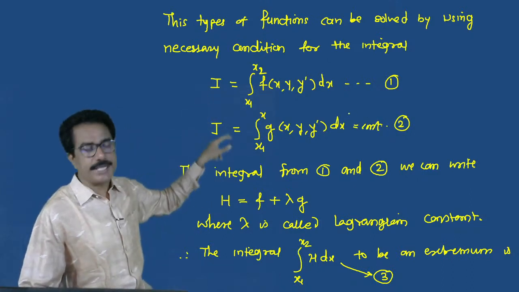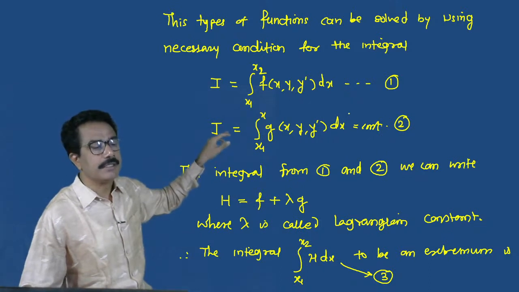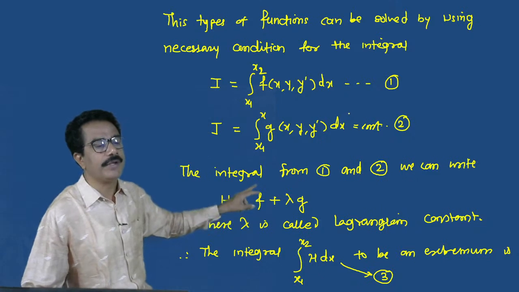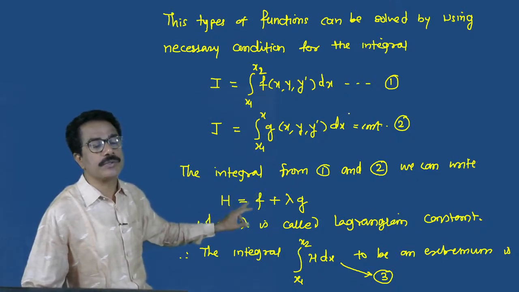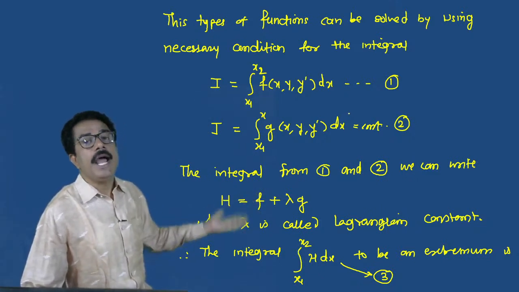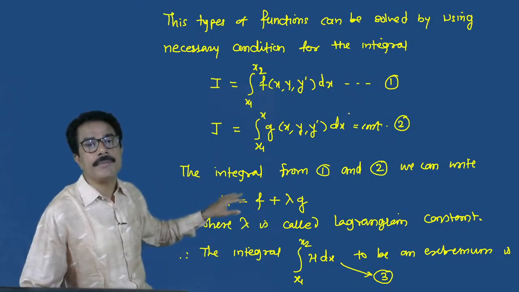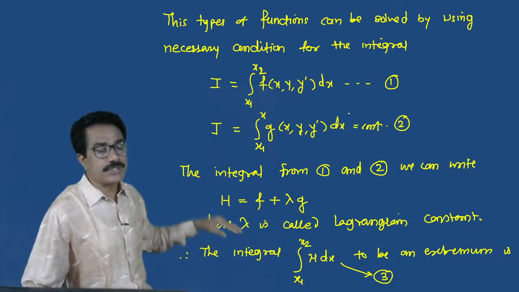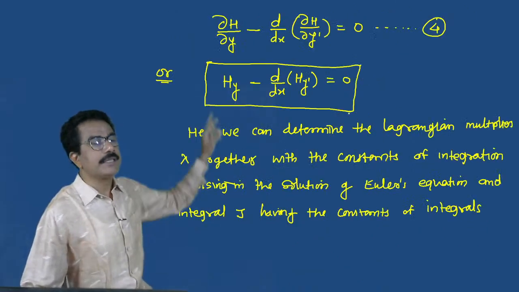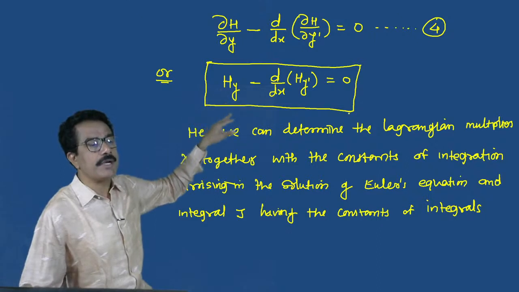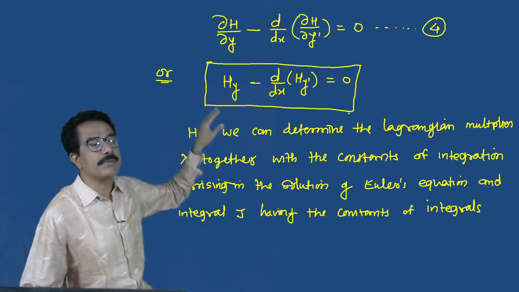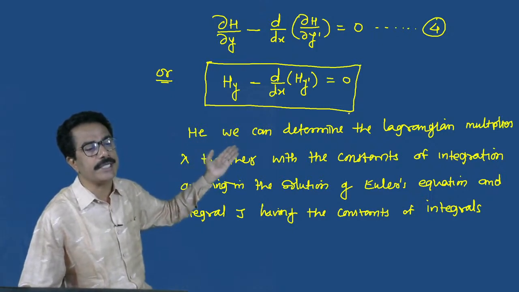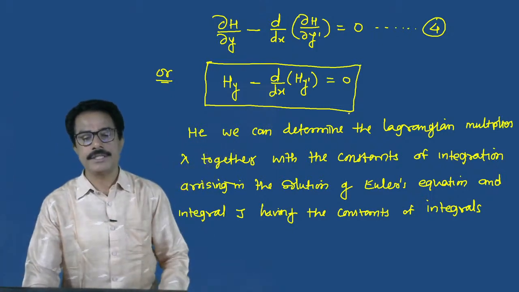Then we have to form the function H equals f plus lambda into g. This function H, the combination of f and g, is said to be extremal if the condition dou H by dou y minus d by dx of dou H by dou y dash equals 0, or H_y minus d by dx of H_y' equals 0. This is Euler's condition.